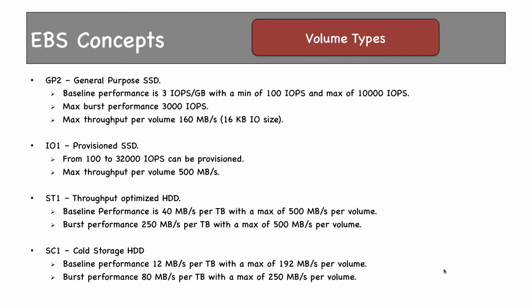Performance is measured in throughput. SC1 provides burstable capability as well. Baseline performance of SC1 volumes is 12 megabytes per second per terabyte of provisioned storage with a maximum of 192 megabytes per second. Burstable performance varies from 80 megabytes per second to 250 megabytes per second.